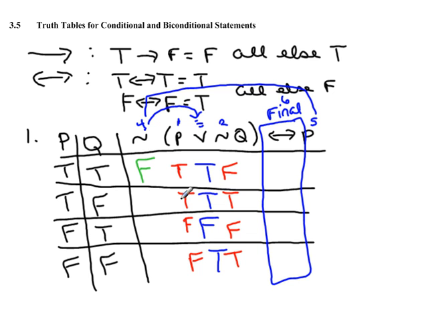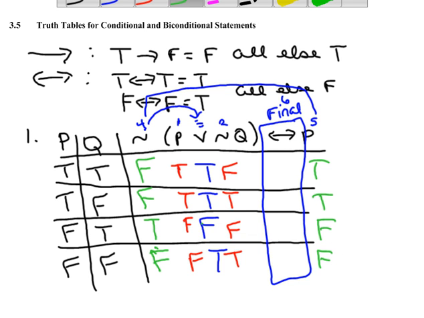Not true, false. Not false, true. Not true, false. Okay, so we've completed the left side, and now we move to the right side of the final, and that just says P. So P is just true, true, false, false.